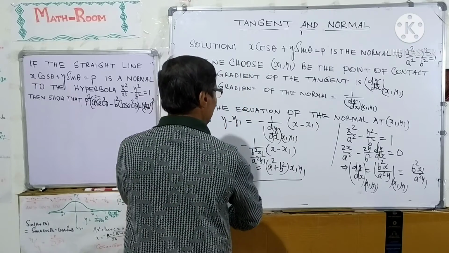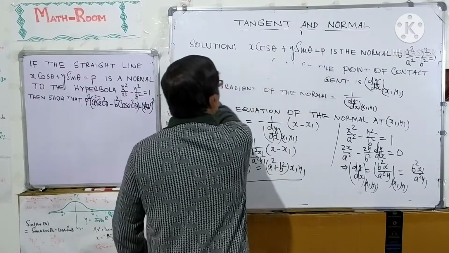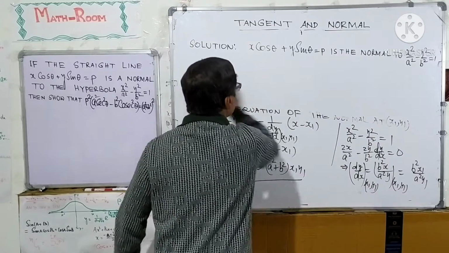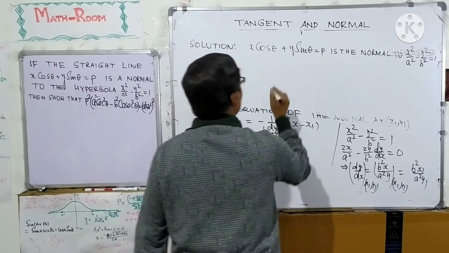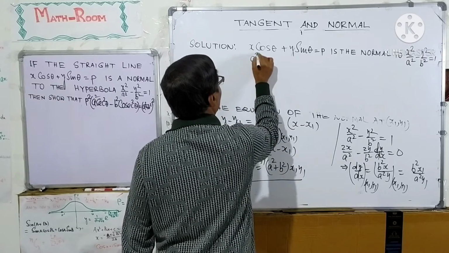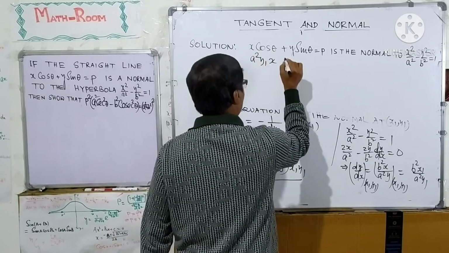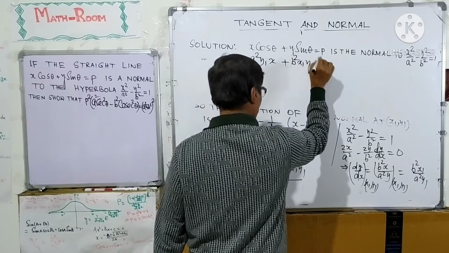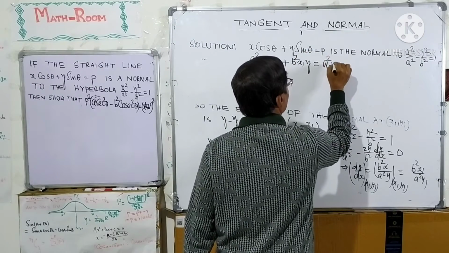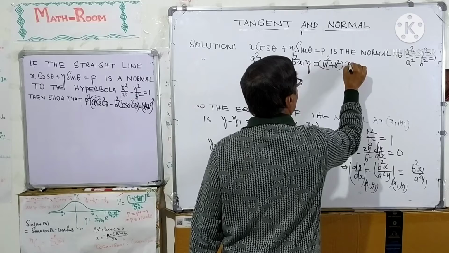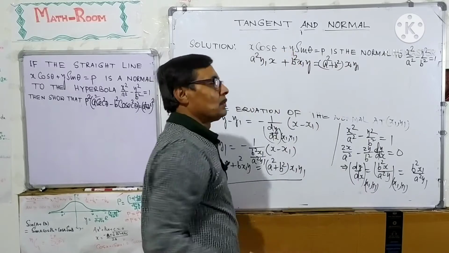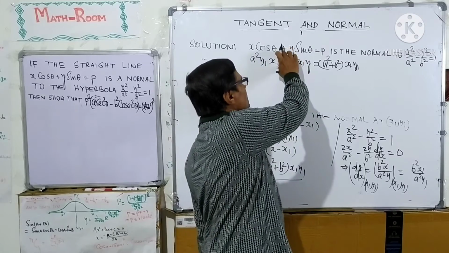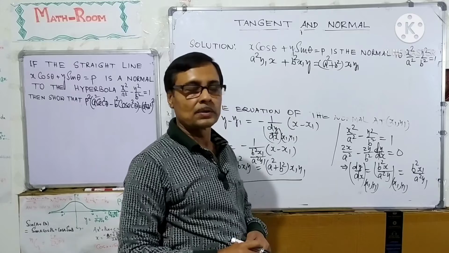So, a square y1 plus b square x1, y equal to... these two equations are the equation of the same normal.